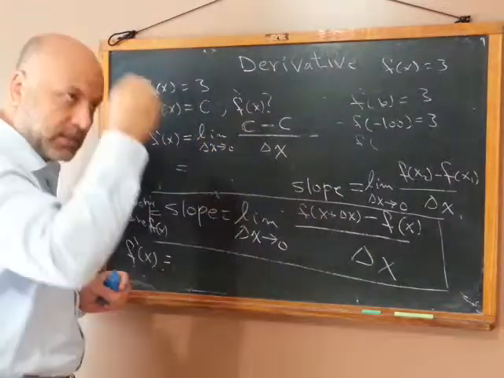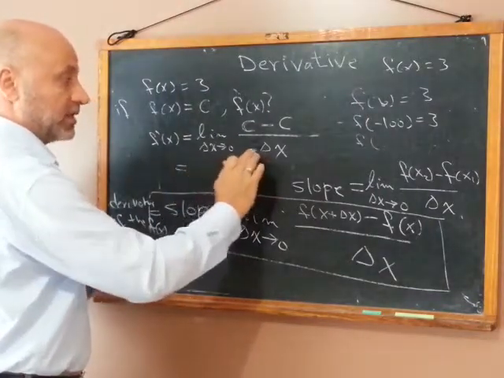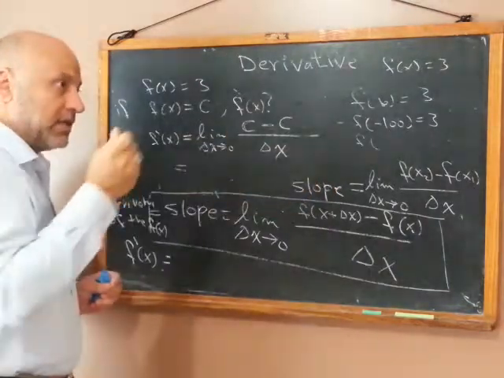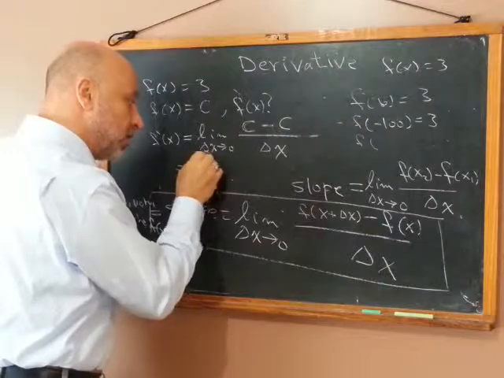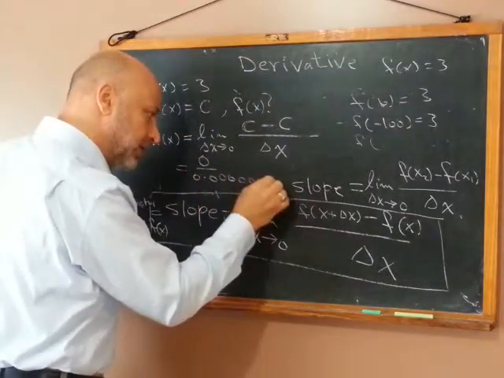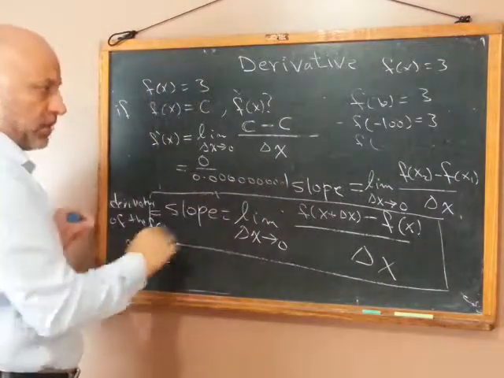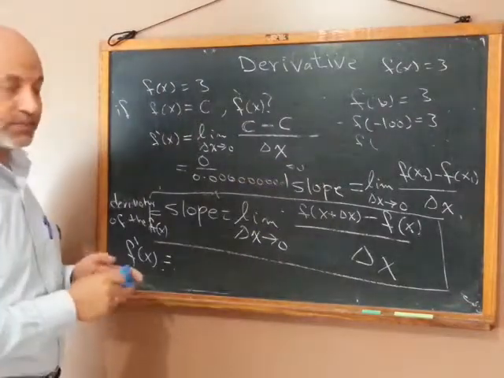C minus c is 0, sharp 0, exact 0. But delta x, when it goes to 0, needs time to go to 0. So we have something like 0 over something very small. What is this? This is just 0.